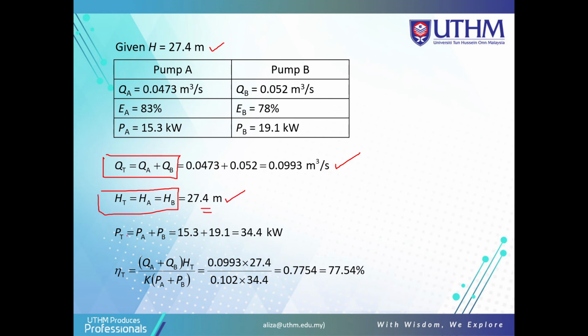For P total, the power at pump A plus power at pump B, you just put in PA and PB and you get this value. Then you use the efficiency of the parallel pump.